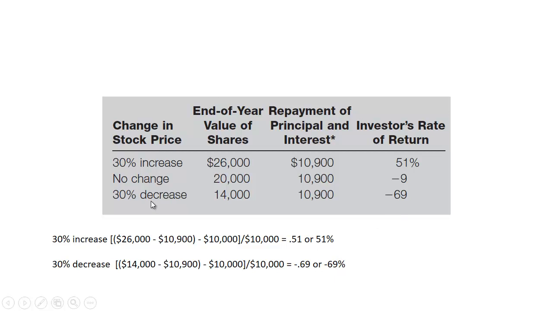So even though stock price only changed by 30%, you lost 69%. So you can see how much leverage magnifies the gain and the loss. And if there's no change, then you simply lose 9%, which is the cost of the margin loan. If you didn't buy on margin at all, then your return would be 0.